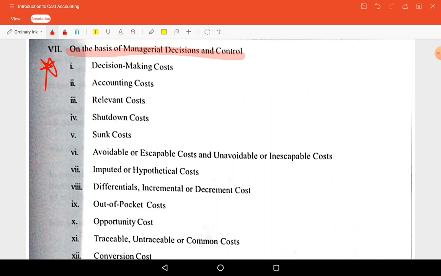So these are decision making cost, accounting cost, relevant cost, shutdown cost, sunk cost, avoidable or escapable cost, unavoidable or inescapable cost, imputed or hypothetical cost, differential or incremental or decremental cost, out of pocket cost, opportunity cost, traceable or untraceable, conversion cost. These many are there.